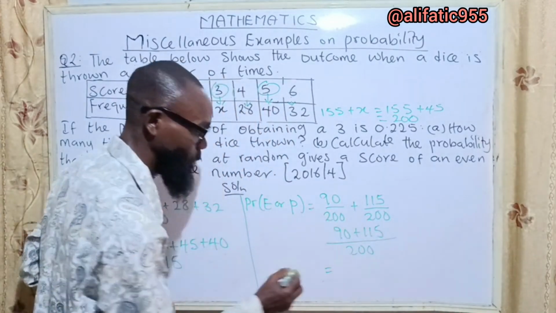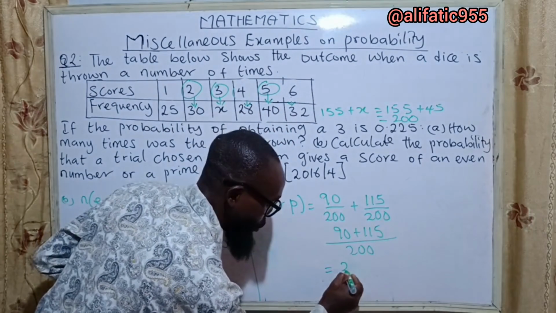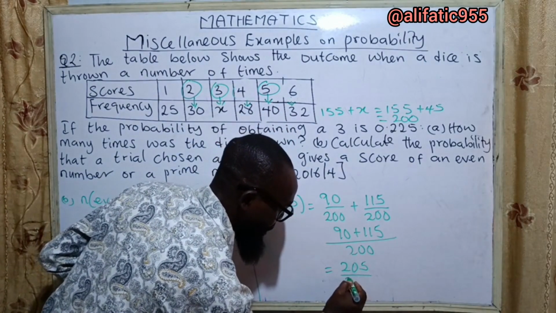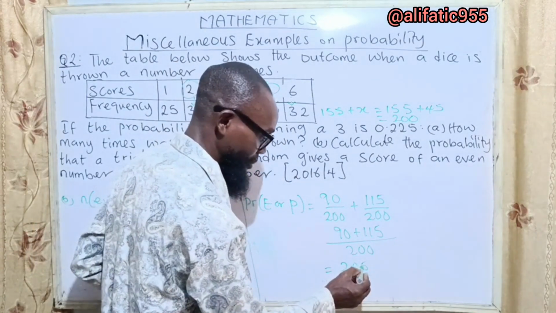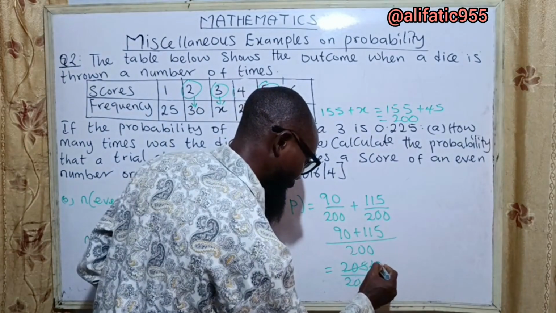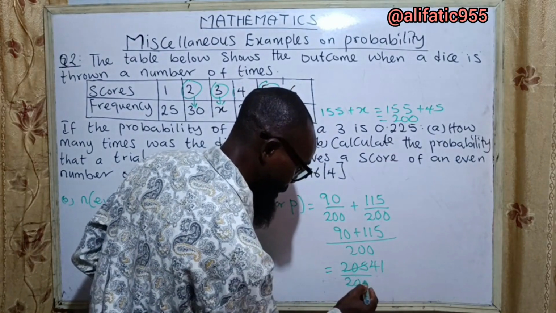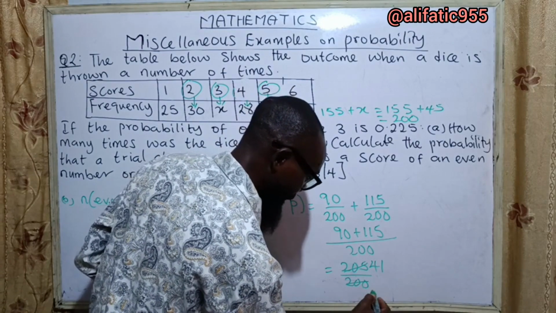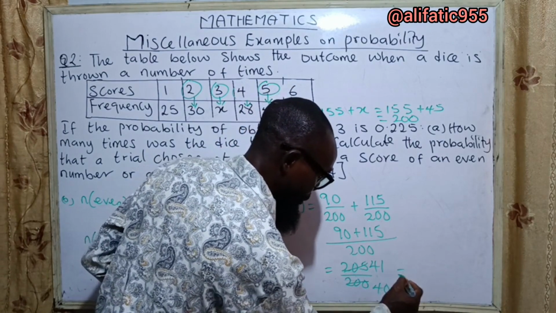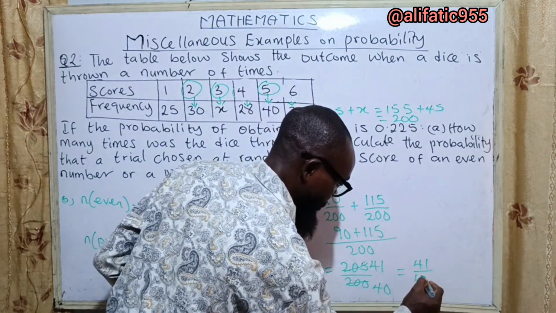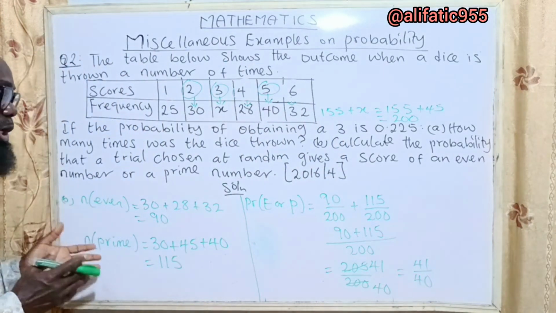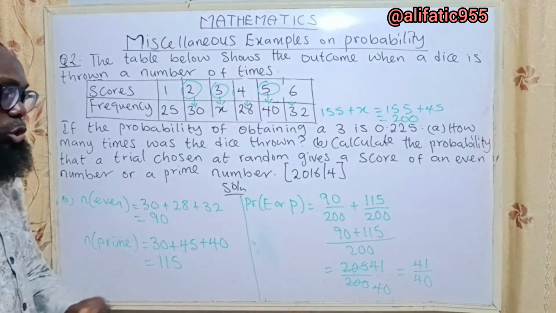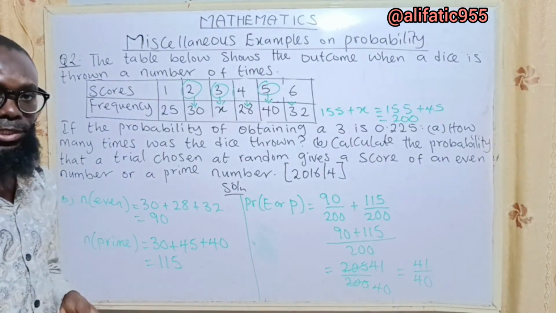When you sum it up, we have 205 over 200. Dividing by 5, we have 41 over 40. So the probability of an even number or a prime number is equal to 41 over 40.